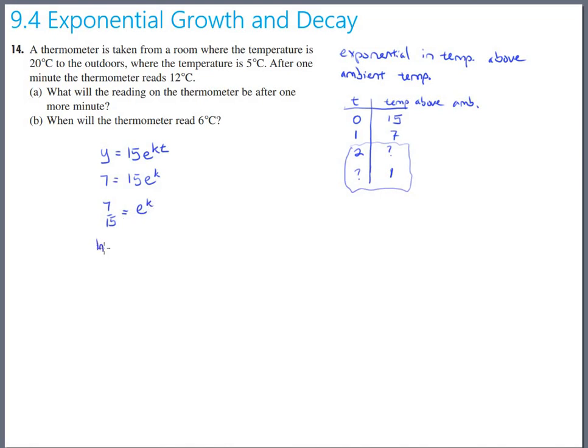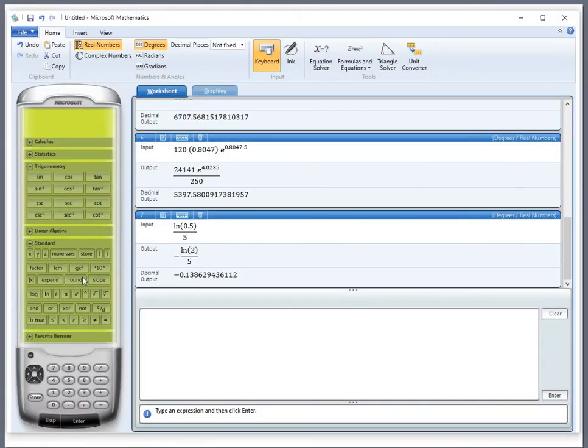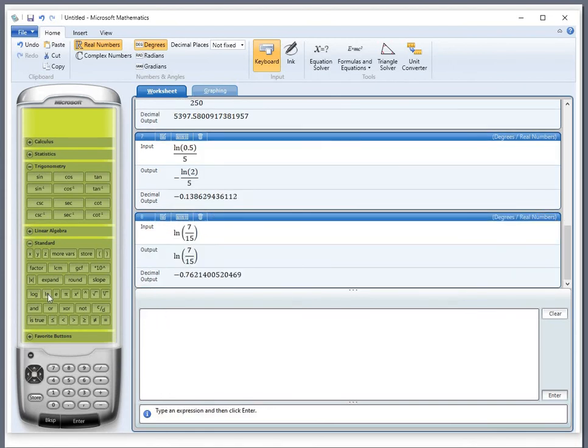Take the natural log of both sides. And natural log of 7/15ths equals k. So natural log of 7/15ths. So about negative 0.762.